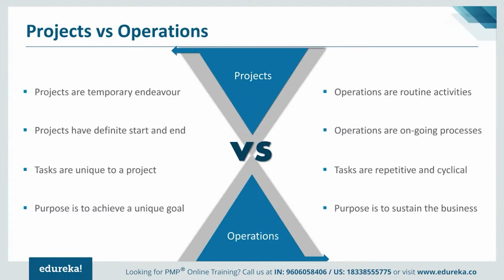Tasks are unique to a project. So every project outcome that we get is unique. When you undertake a project, you are basically creating an outcome which is a unique product, a unique service, or some unique result that you're producing by the end of that project. A project is also undertaken in order to achieve a unique goal. So there should be some unique goal which is actually drafted in the beginning of the project. It's predefined.